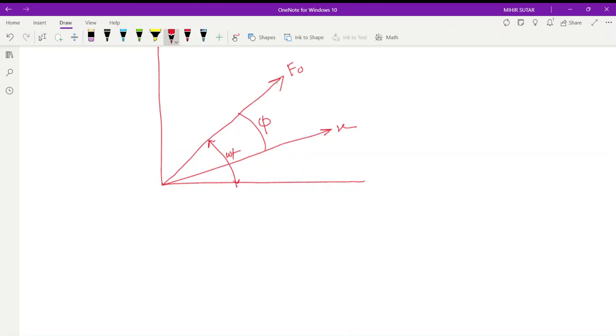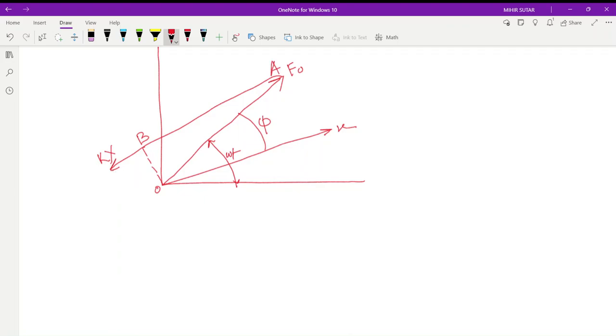Okay. Now draw a vector parallel to the displacement, right? That will be kx. Okay. Now from this origin O, drop a normal on that line. This will be, let's say, point B. This is A. Okay.